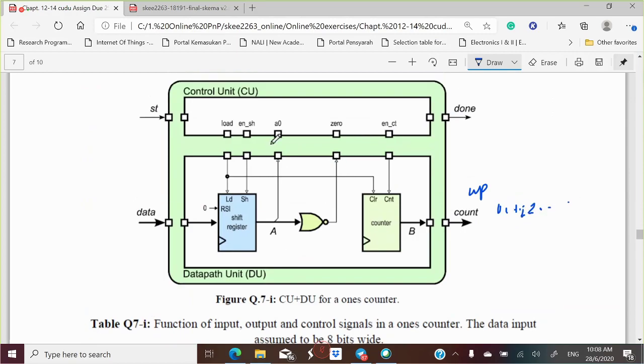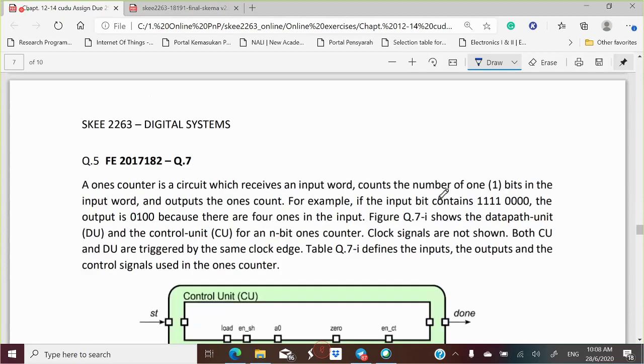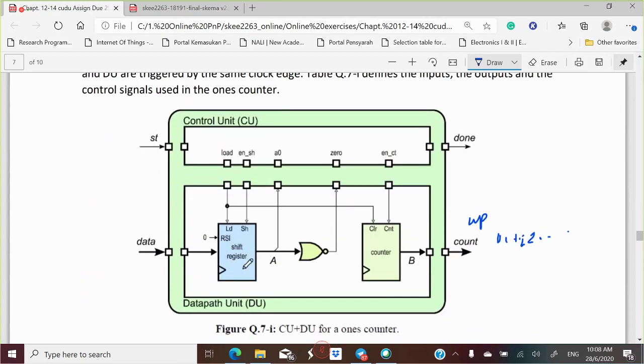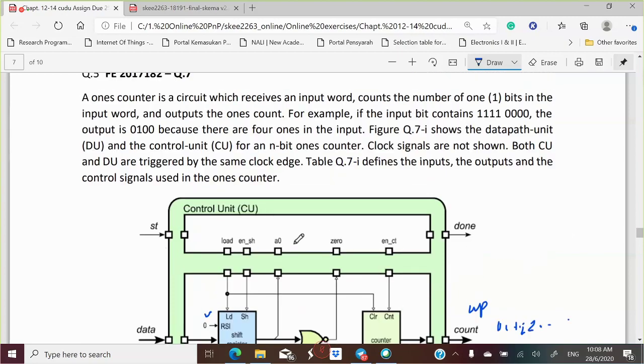And I think this one, how many bits? Receive an input count number from 1 bit, input the ones, for example, input counter 8 bits. This is an 8-bit input and the RSI. That is why I asked last time during the presentation, what is the value of the RSI? How do you set it? But I think I didn't get the answer during the presentation demo.